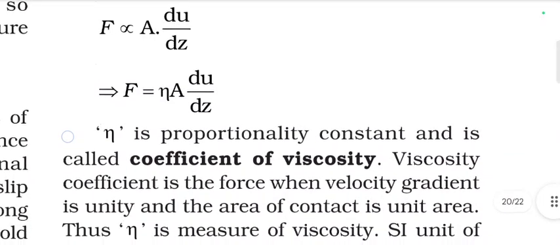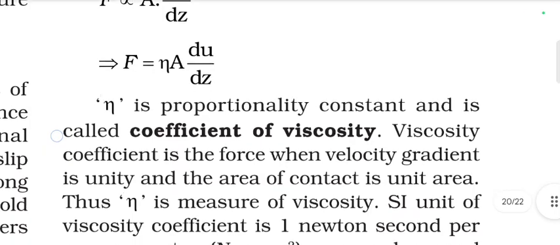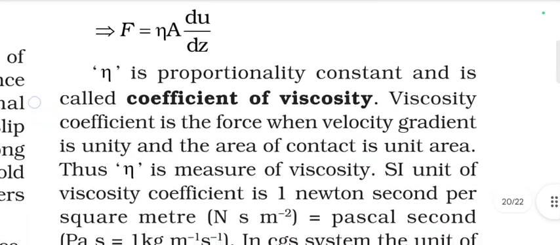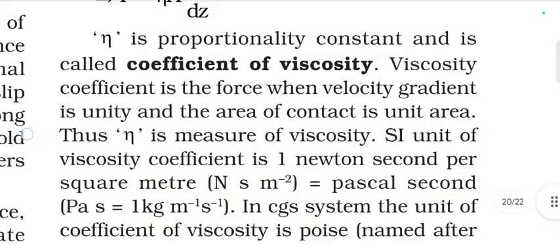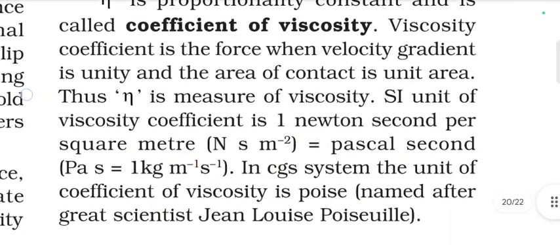Then F is equal to eta A du upon dz, where eta is the proportionality constant and is called the coefficient of viscosity. Viscosity coefficient is the force when velocity gradient is unity and the area of contact is unit area. Thus, eta is a measure of viscosity.